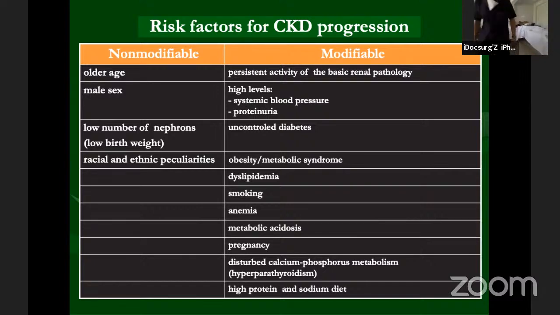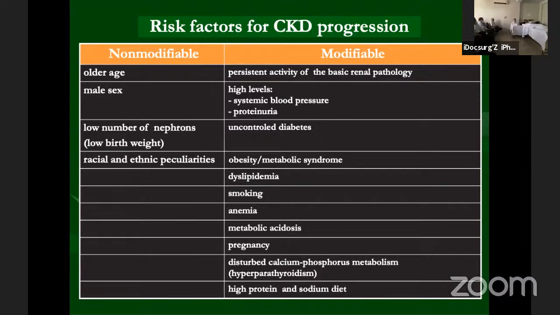Certain factors are non-modifiable and certain factors are modifiable. Non-modifiable, which are not under our control, are the age of the patient, the sex of the patient, low number of nephrons from birth, low birth weight baby, and racial and ethnic peculiarities. These are the non-modifiable factors, but we have modifiable factors, and if we act on these factors, we can check the progression. So what about the blood pressure?